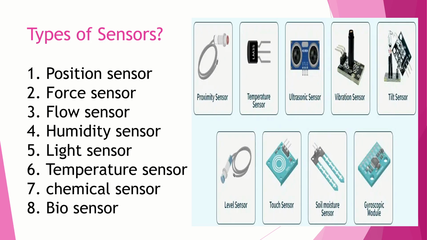Next one is light sensor. Light sensor detects the presence of light, visible or invisible. For example, photodetector. Next one is temperature sensor. Temperature sensors measure the amount of heat or cold that is present in a system.